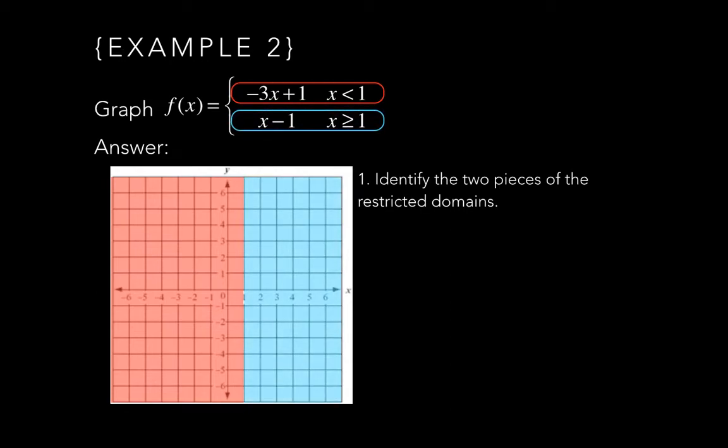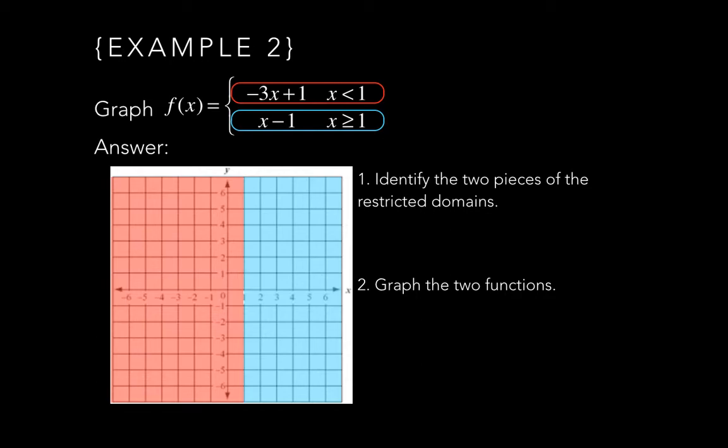And the second piece of our graph I have denoted in blue. So I'm only going to graph my red function, which is negative 3x plus 1, in the red area, and I am only going to graph my blue function, which is x minus 1, in the blue area.